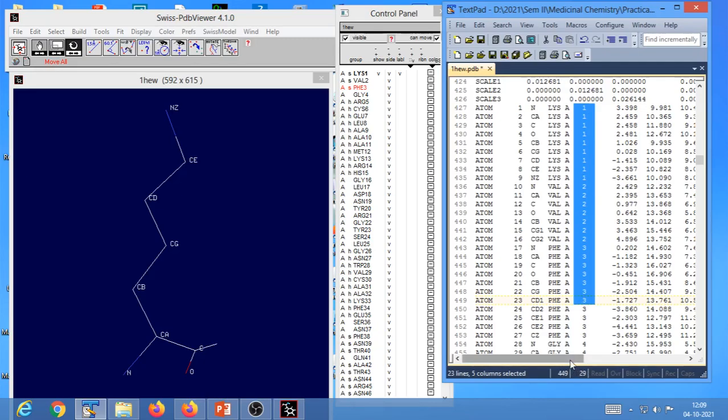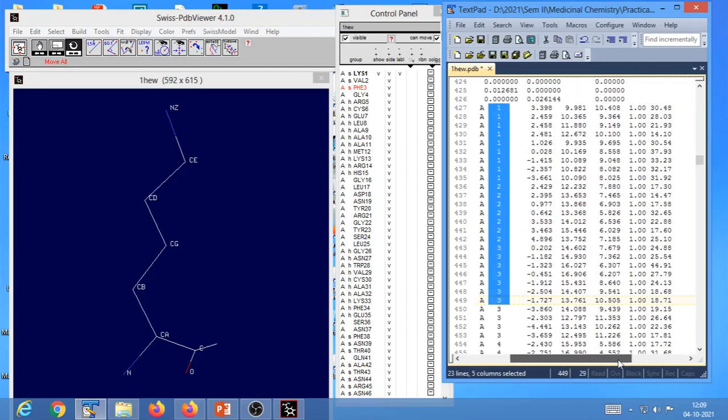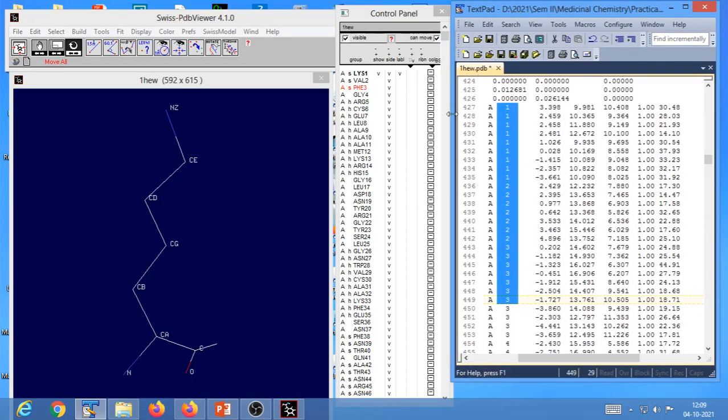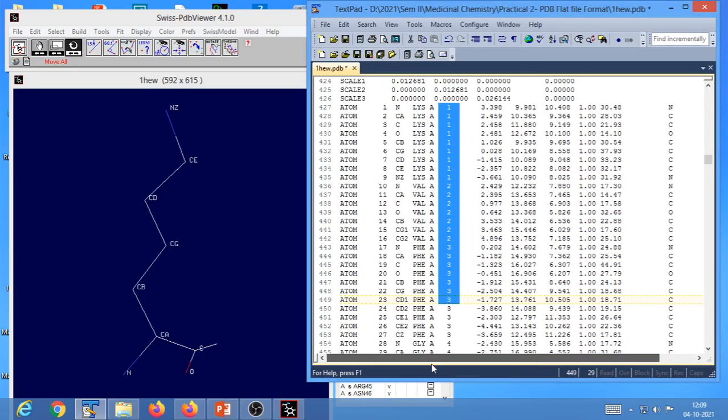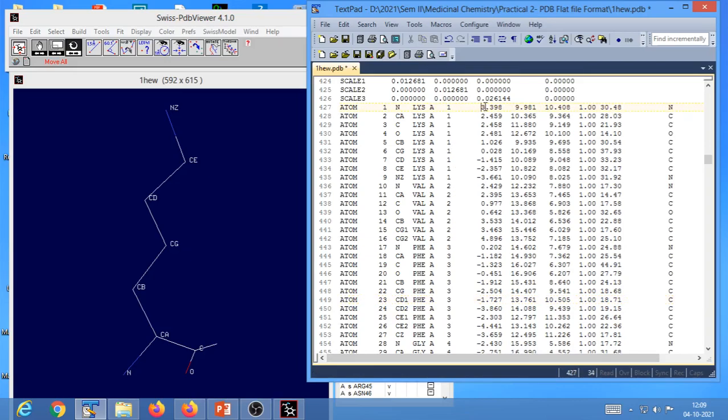The next three columns correspond to the actual coordinates of your PDB file. This is very important. For this particular nitrogen atom, the structural data is represented in Cartesian coordinates.